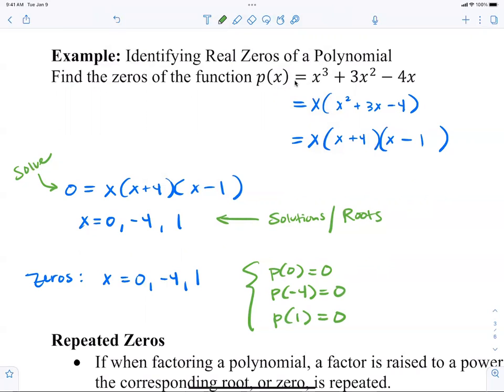Do you guys understand the difference? So the roots to that equation end up corresponding to the zeros, which correspond to the x-intercepts, because when they make the function value equal to 0, those are the x-intercepts.